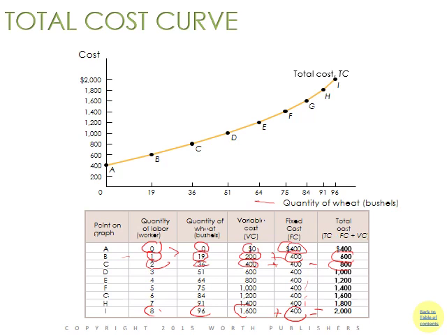If we're producing 19 bushels of wheat, our total cost is $600. If we're producing 96 bushels of wheat, we'd be out here, and our total cost would be $2,000. So we can plot our total cost function, and it would look like this.